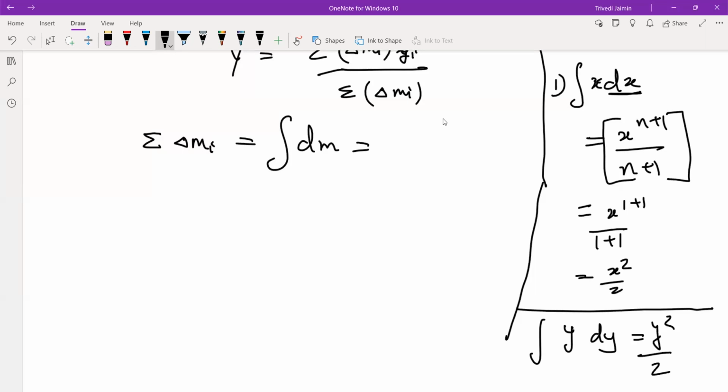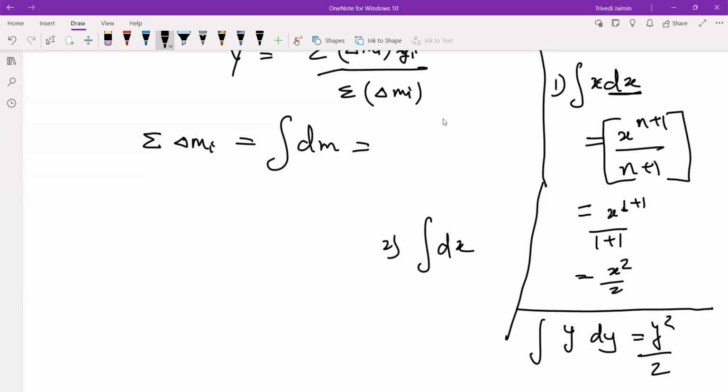Now, what if I'm just saying integration of dx? What do you mean by this one? Why did you take 1 here? Integration of 1, n is 1 here, right? But how did you get n as 1?